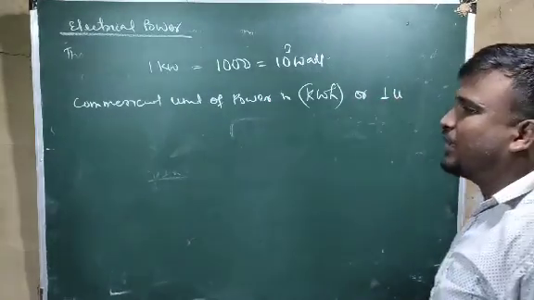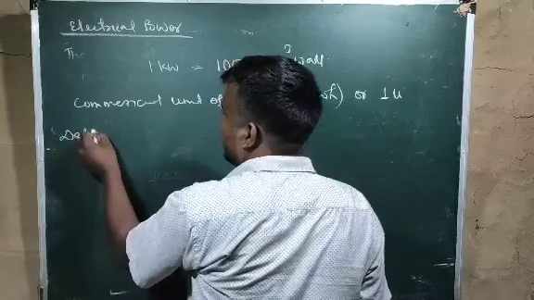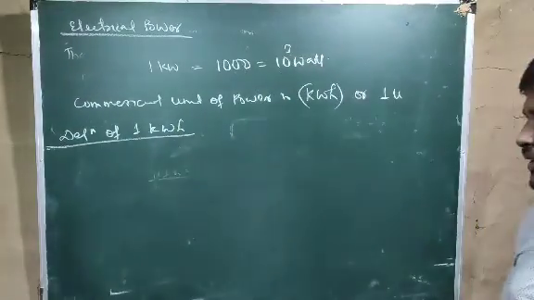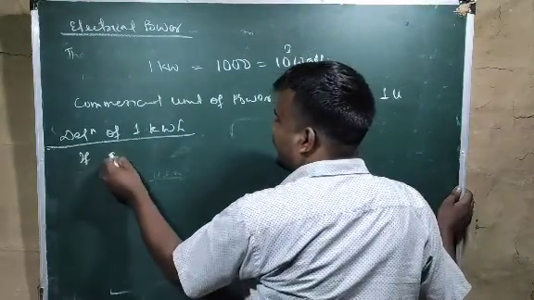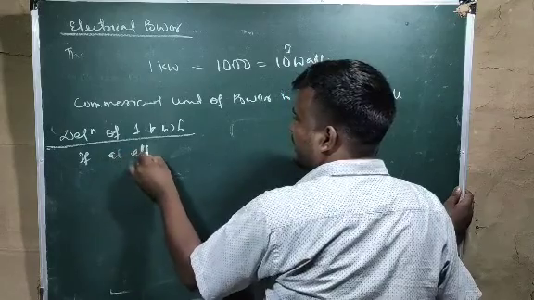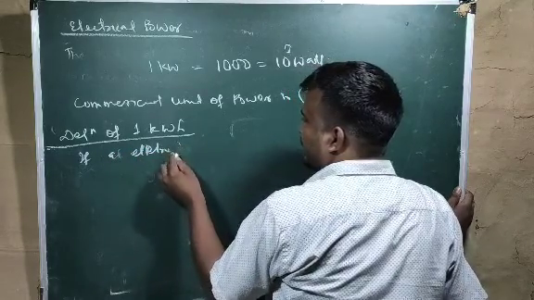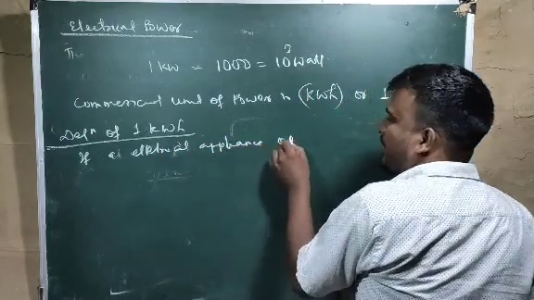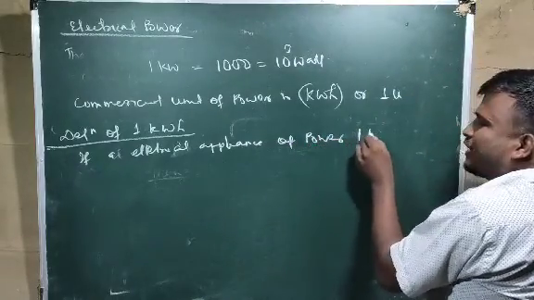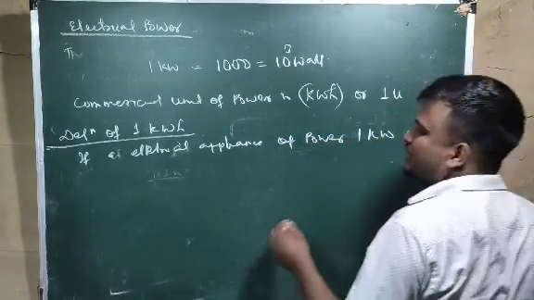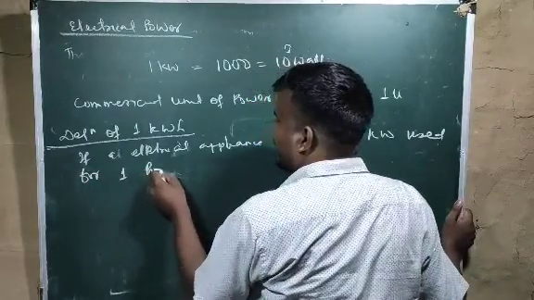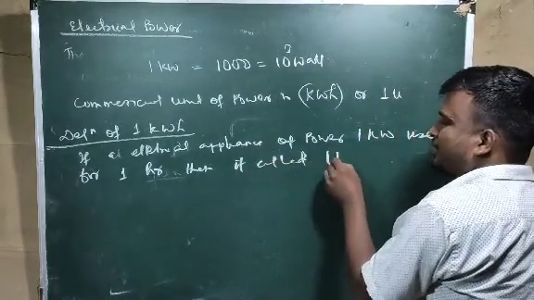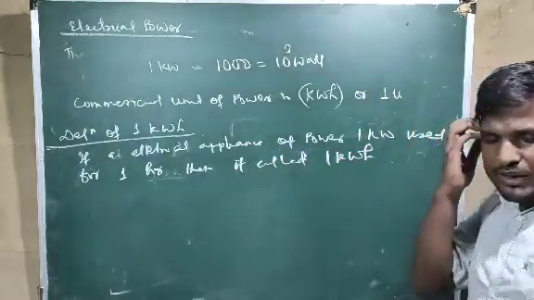Now let us see the definition of 1 kilowatt hour. If an electrical appliance of power 1 kilowatt is used for 1 hour, then it is called 1 kilowatt hour, or 1 unit of energy.